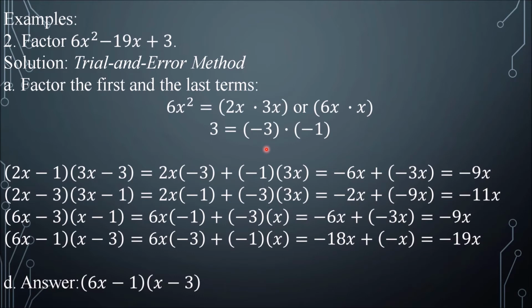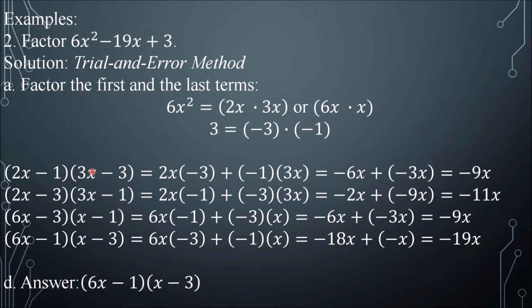Why not positive 3 and positive 1? As you can see, the middle term is negative. So we will use negative 3 and negative 1, because the product of both negatives is positive 3. Take note of that.